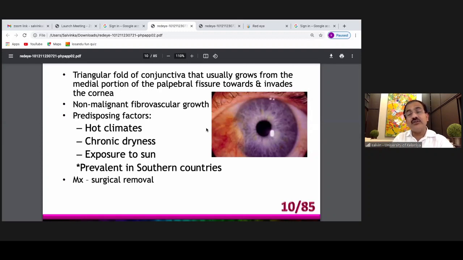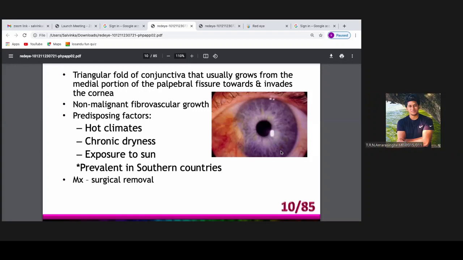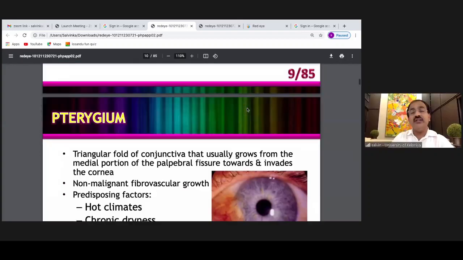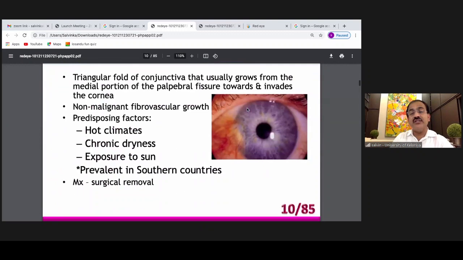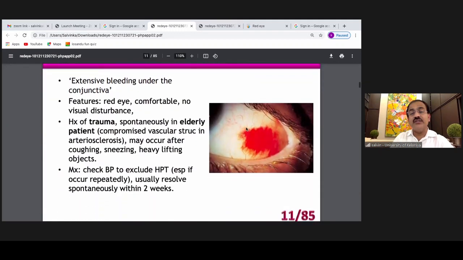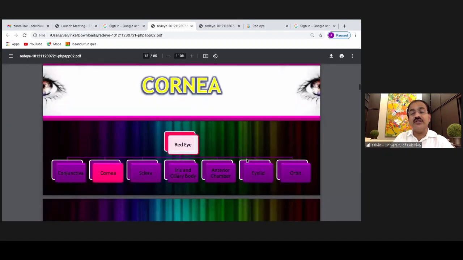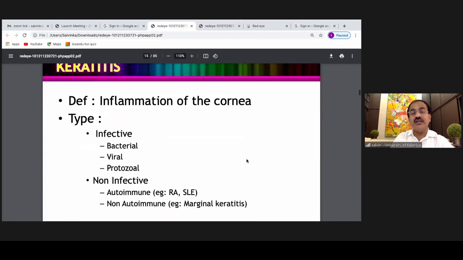Conjunctiva has got two parts. What are the two parts, as you are aware? Bulbar conjunctiva, that is on the bulb. That's called bulbar conjunctiva. The other one is palpebral conjunctiva, which is on the inner surface of the lid. If you take the inner surface of the lid, you get the palpebral conjunctiva, right?